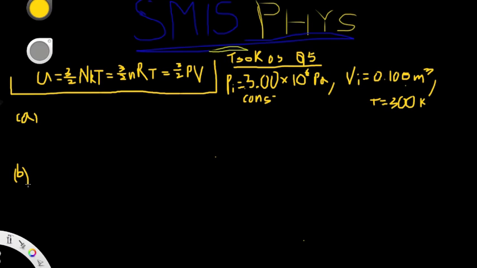So the A part is quite simple. Since we know that work is equal to P delta V for an isobaric process, we can simply plug in the numbers.